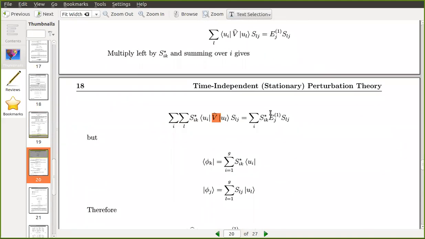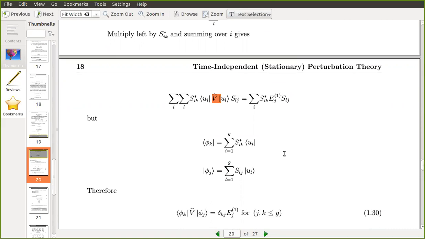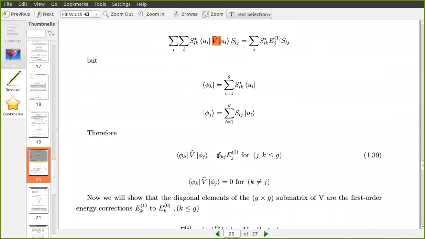So apply that result here. Ej of 1 you can put outside. What remains is delta Kj. So delta Kj Ej of 1, for J, K less than or equal to G, with J summation 1 to G and K summation 1 to G, J and K both 1 to G. So you get all the matrix elements. Okay, delta Kj into Ej of 1.